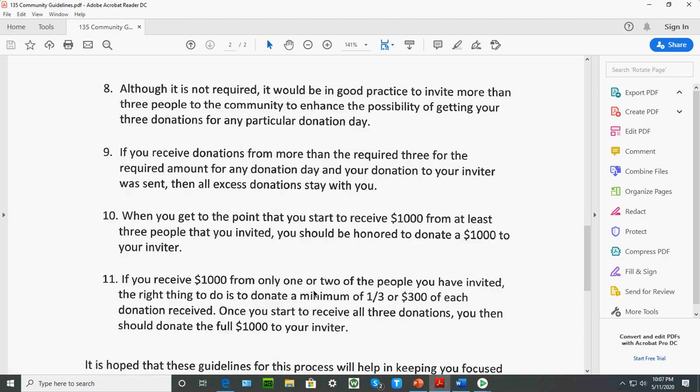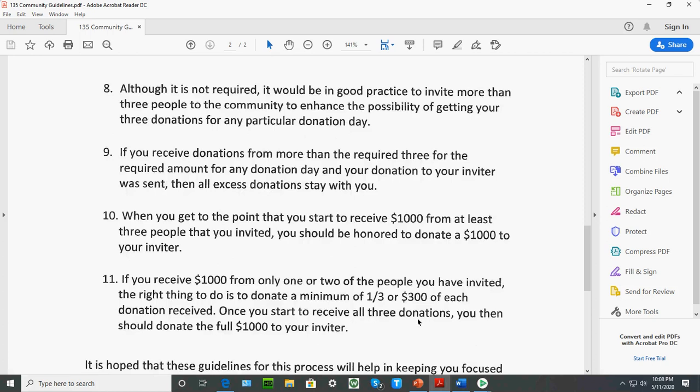If you receive $1,000 from only 1 or 2 of the people you have invited, the right thing to do is to donate a minimum of 1/3 or $300 of each donation received. So when you're receiving $1,000 from somebody and you haven't received all 3, then the right thing to do at this point is to give your inviter 1/3 of the $1,000 that you received, $300.